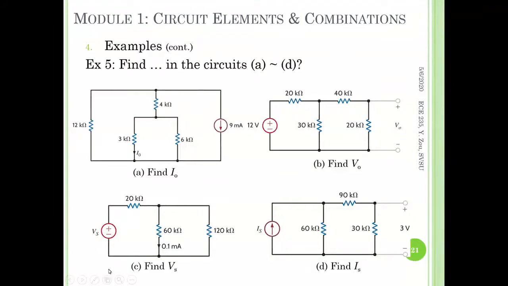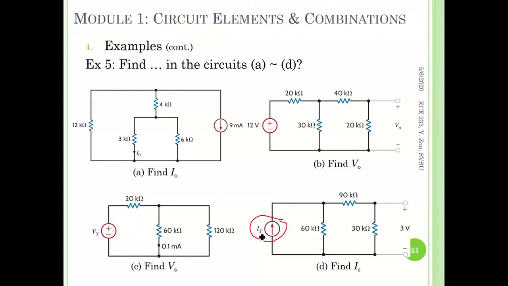The last one, single independent current source. So we are thinking of current divider. And we again need to combine the rest of the circuit into two parallel branches to share this total IS.